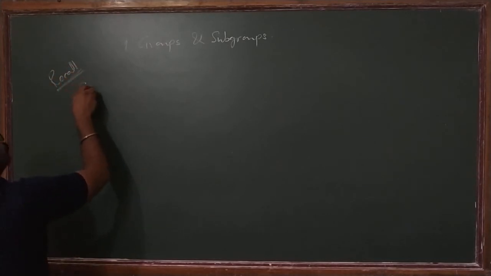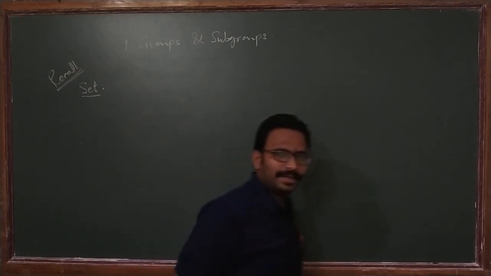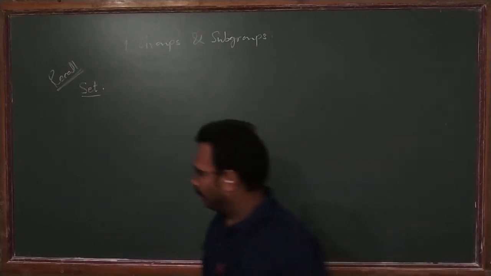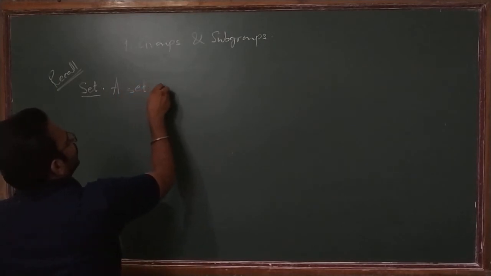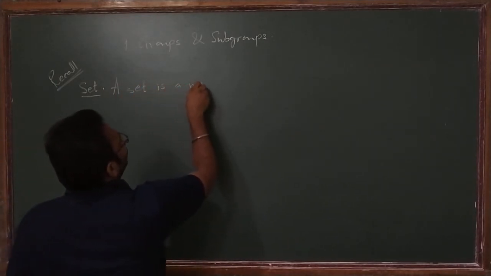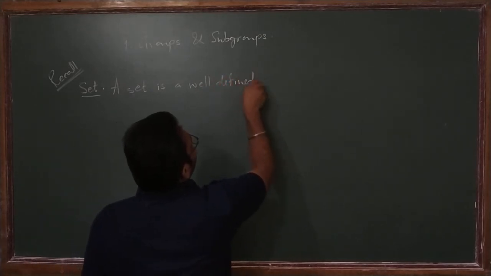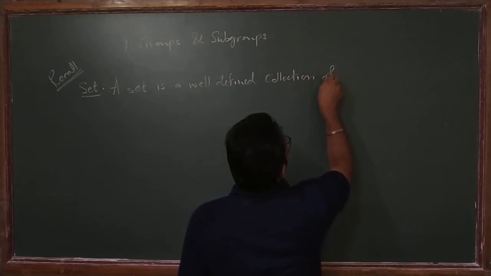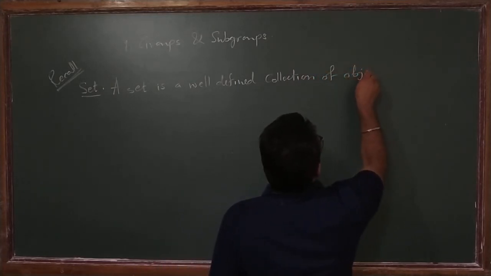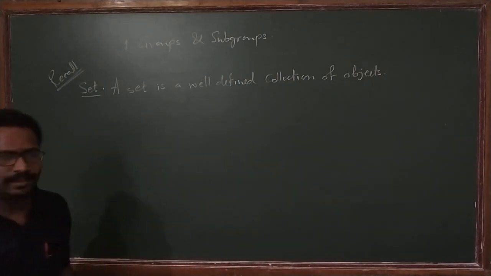So basically, what is meant by a set? All we know is a set is a well-defined collection of objects. So what are the terms there?